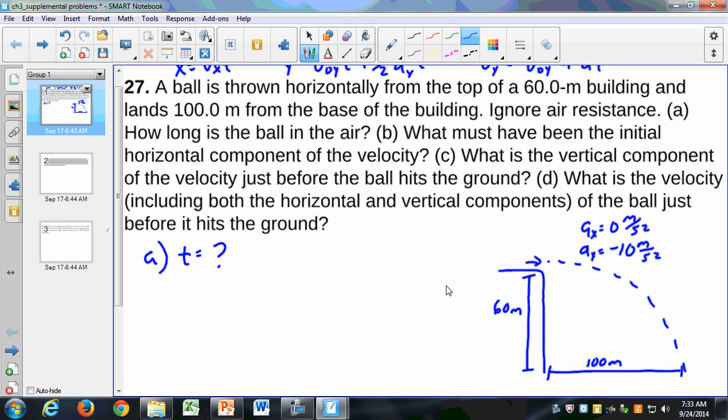So we know it drops 60 meters. How long does it take to drop 60 meters? That's the first question.